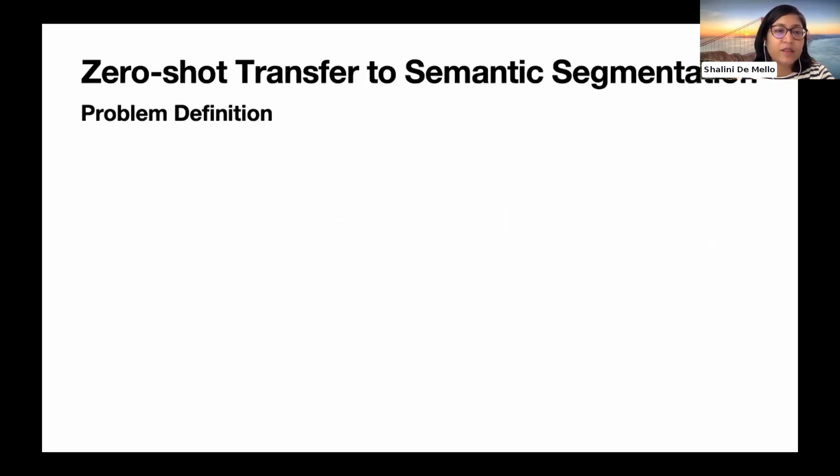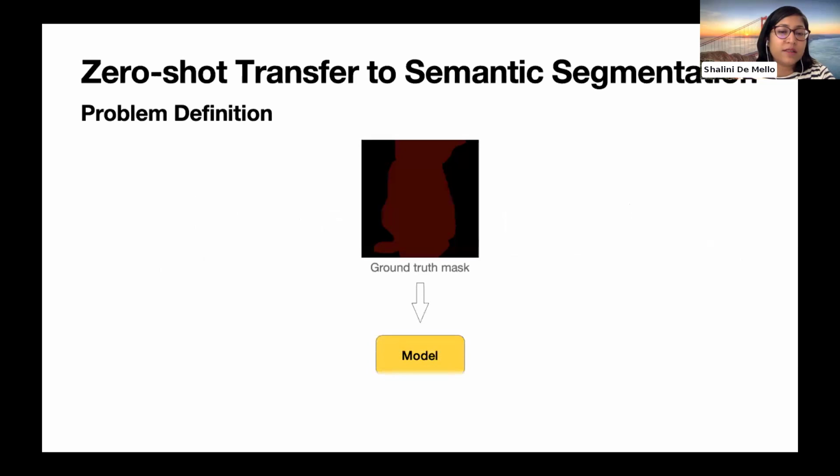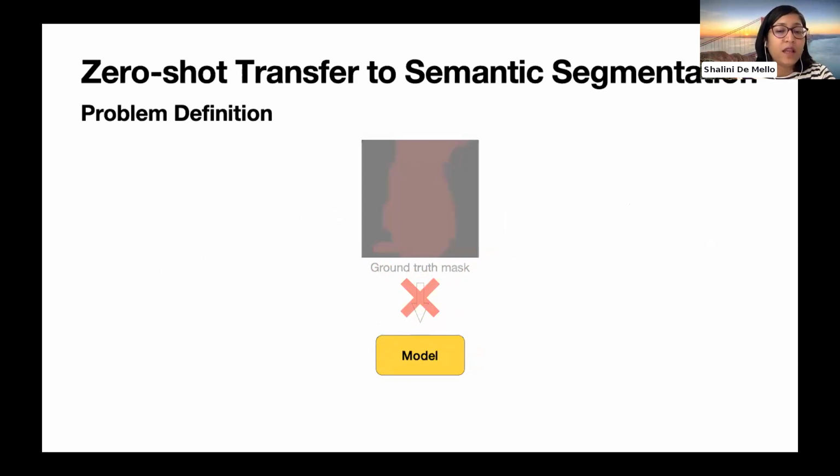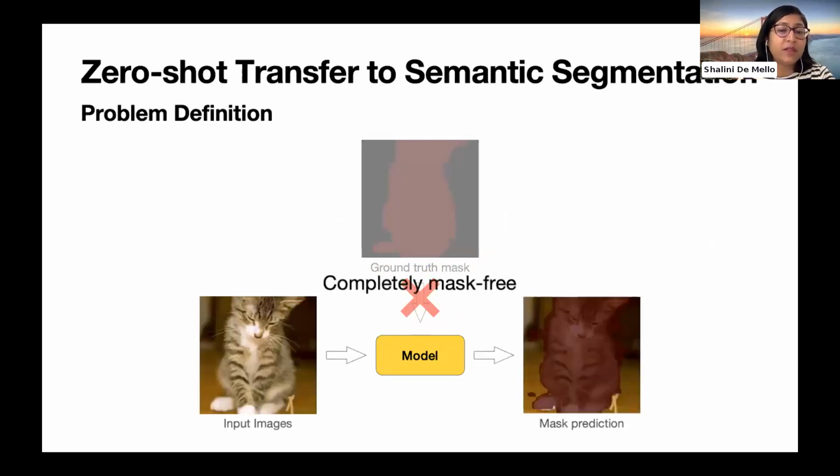And to put it more concretely, as to how we defined our problem: typically when you train a semantic segmentation model, you have a bunch of ground truth masks, but we assume that we have absolutely no ground truth masks for training for any category. We simply train our model completely mask-free with a bunch of images and their corresponding available captions.